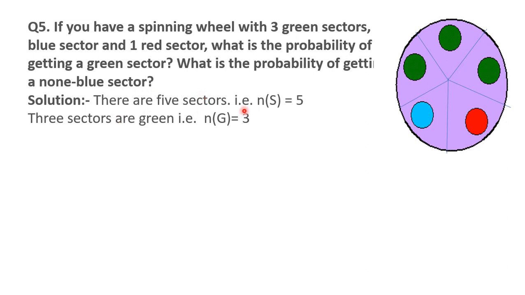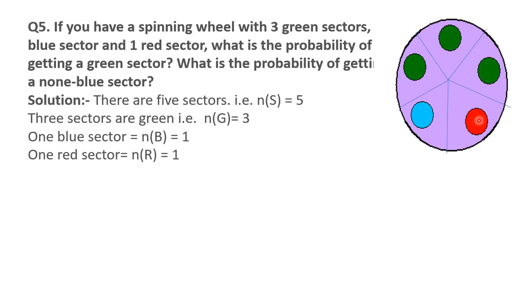So here, as in this figure, there are 5 sectors, so the total number of outcomes n of S is equal to 5, and 3 sectors are green color as shown in the figure, so n of G is equal to 3. Similarly, for the blue sector n of B is equal to 1, and for red n of R is equal to 1.